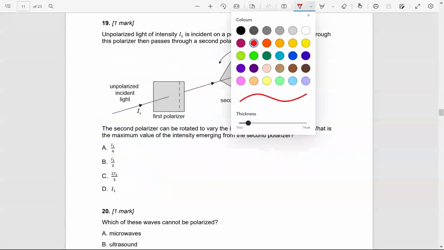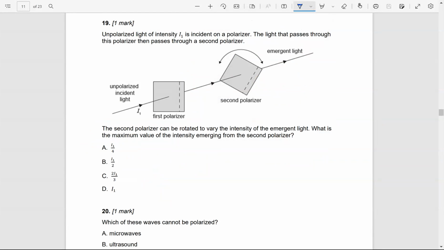Question 19 is about polarization. We've got two polarizers, and the light is passing through the first one and then through the second one, which is at an angle. The second polarizer can be rotated to vary the intensity of the emergent light. What is the maximum value of the intensity emerging from the second polarizer?